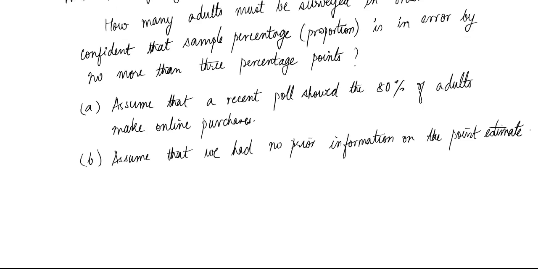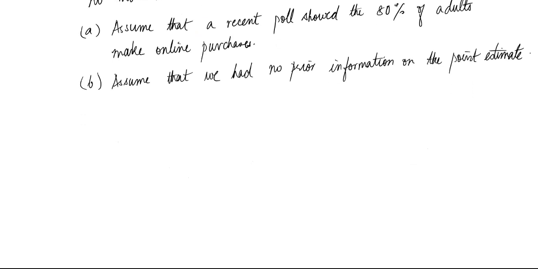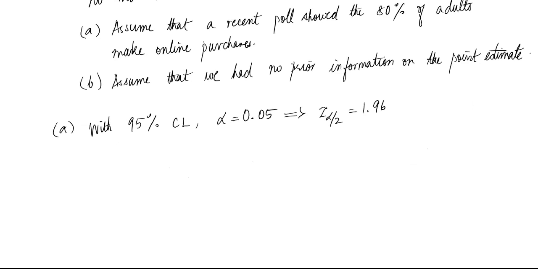In both these cases, we're asked to find how many adults to be surveyed. That language, how many adults must be surveyed, means we have to find n. Let's collect all the details we have. For part A, with 95% confidence level, we know that alpha is 0.05, which means your Z alpha over 2, from the table or if you're interested in doing a calculation from scratch, comes out to be 1.96.